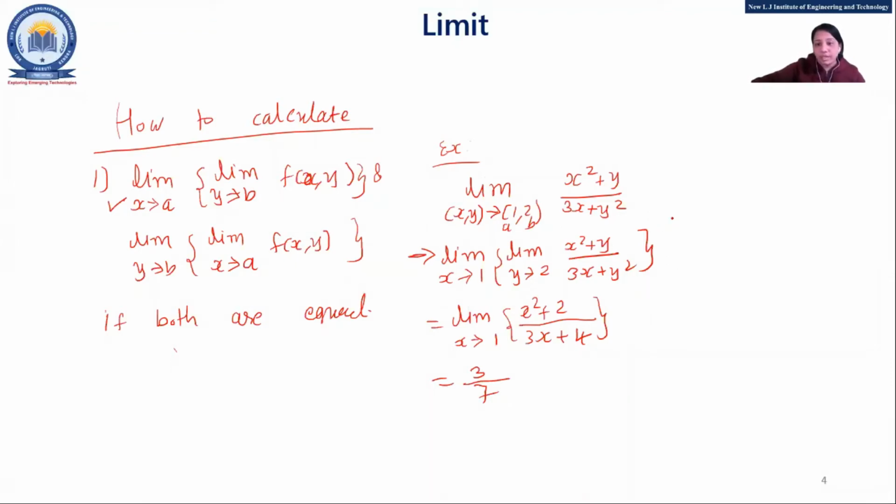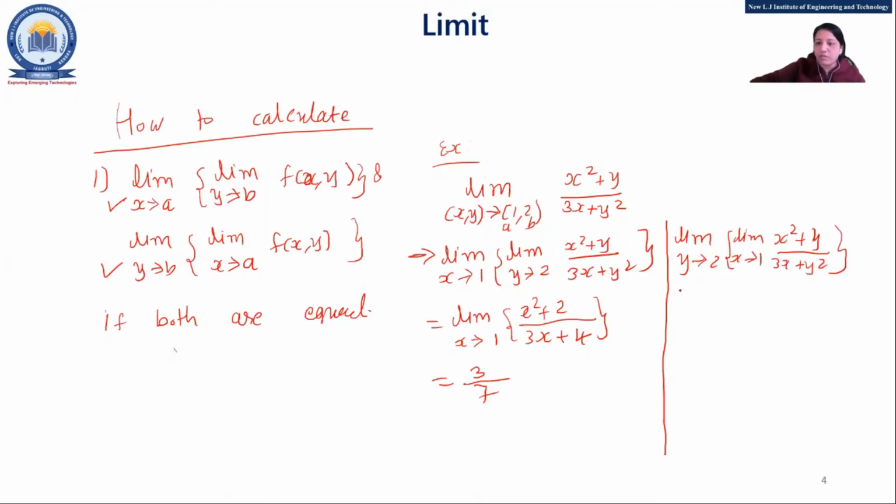See, first we applied y and then x, and we got 3 by 7. At this point we got 3 by 7. Now we'll go for the other way, that means first we'll apply the x. So what I'll write: limit y tends to 2, limit again x tends to 1. First I'll put the value of x equal to 1 in x square plus y upon 3x plus y square.